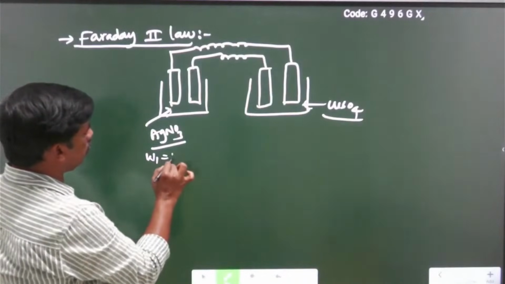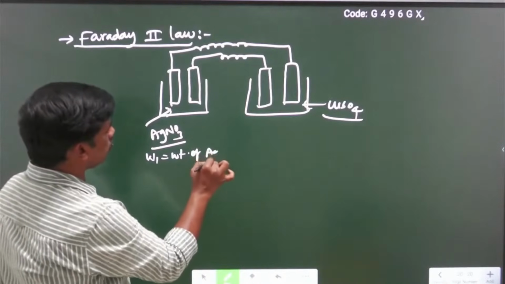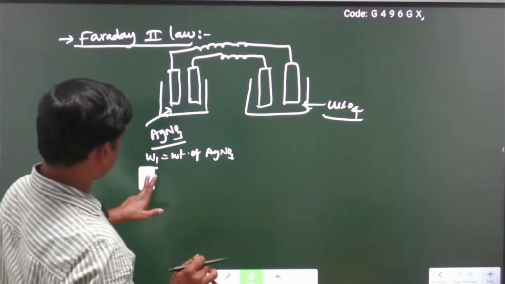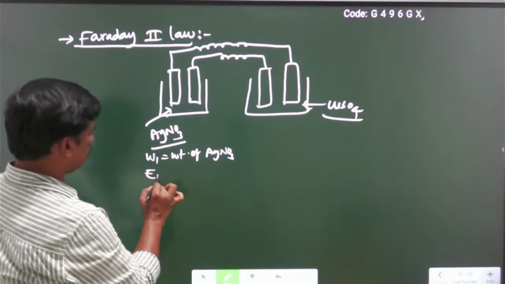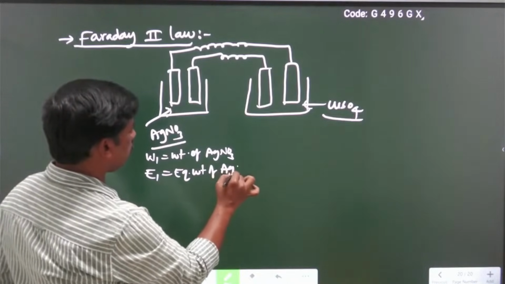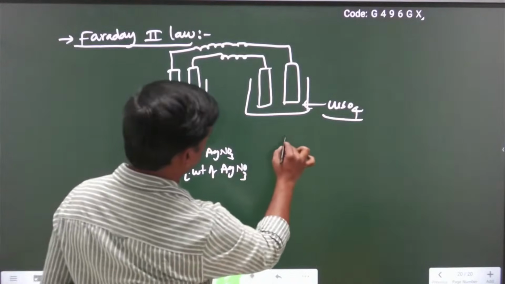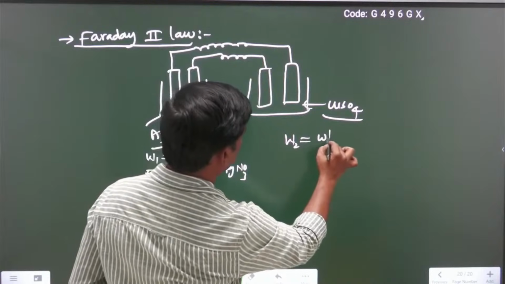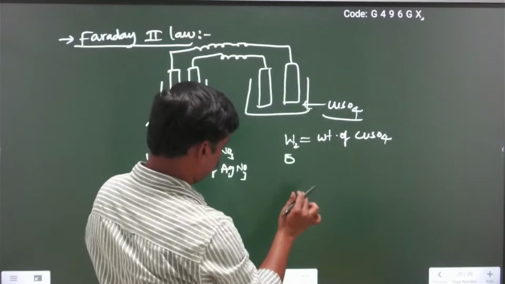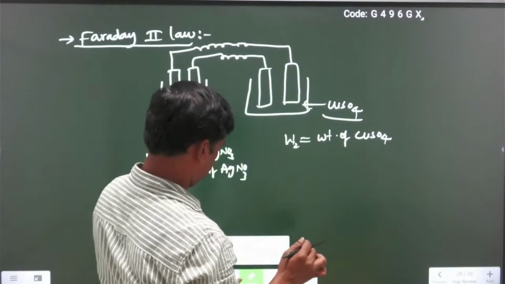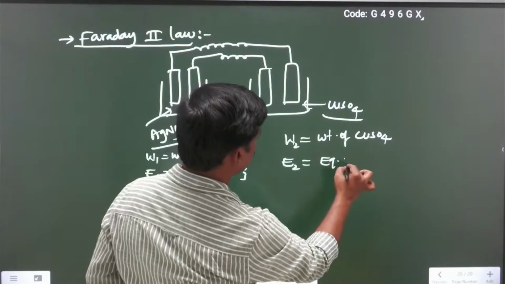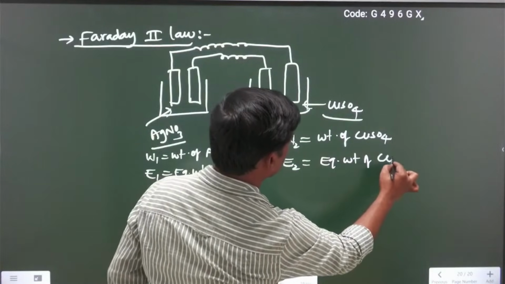Here W1 is the weight of AgNO3, E1 is the equivalent weight of AgNO3, W2 is the weight of CuSO4, and E2 is the equivalent weight of CuSO4.